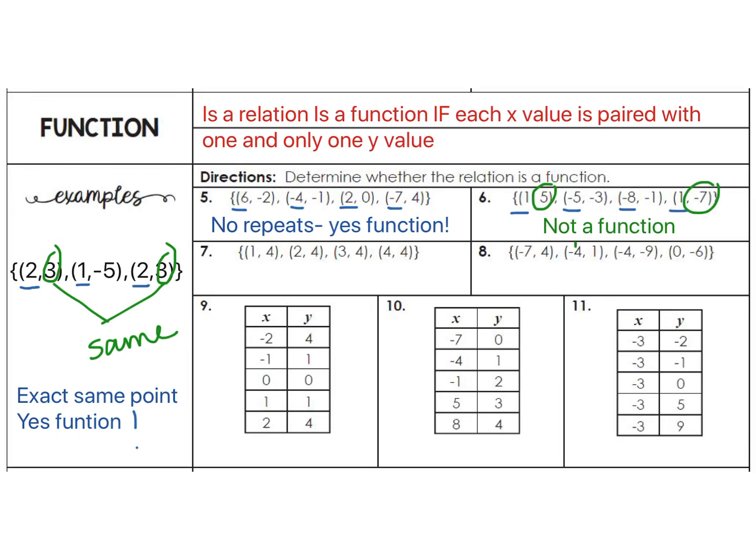I'd like for you to try to complete examples 7 through 11 and tell me why they are not a function if that is your answer. So pause the video and give those 5 examples a try.